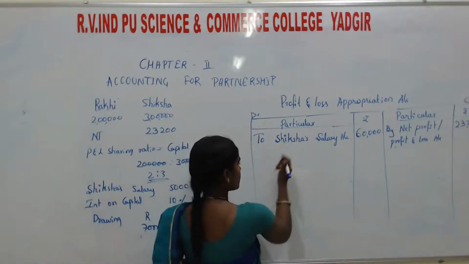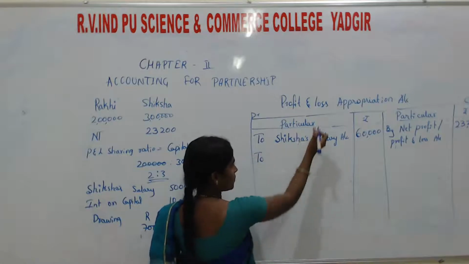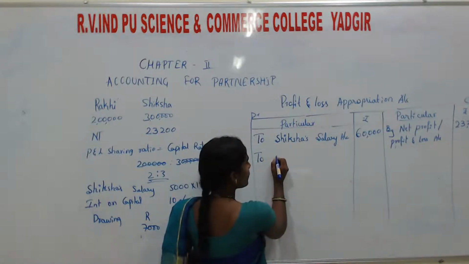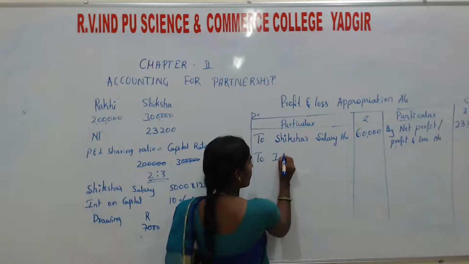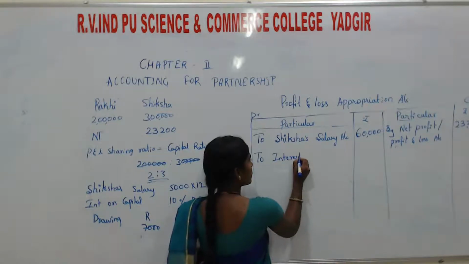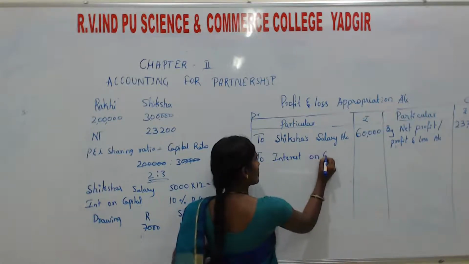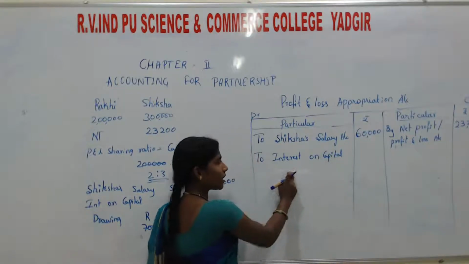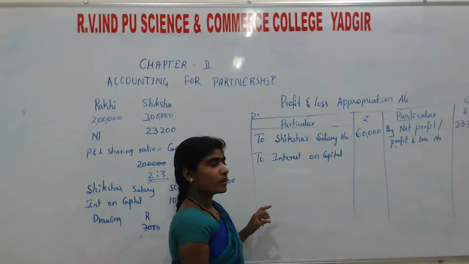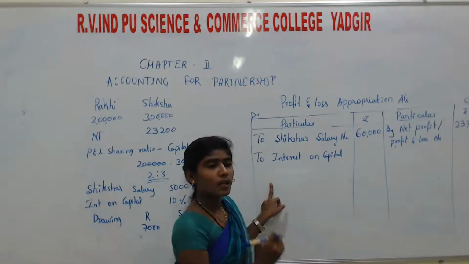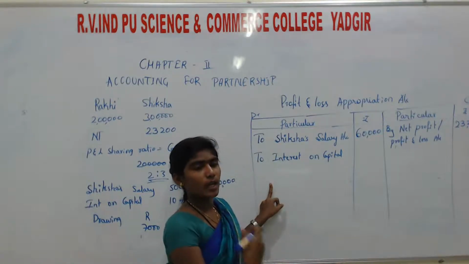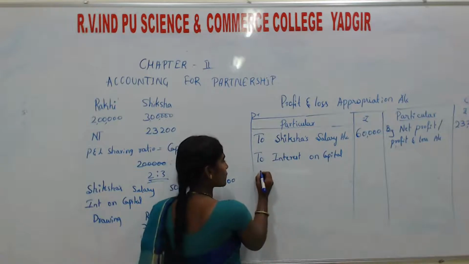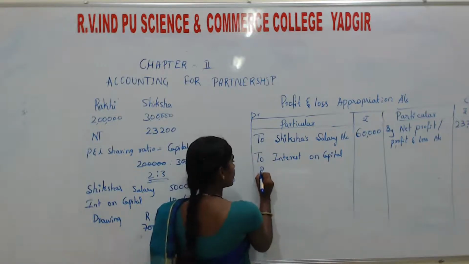So it is an expense for the firm, interest on capital, interest paid on the partners' contribution or capital. First partner is Rakhi.